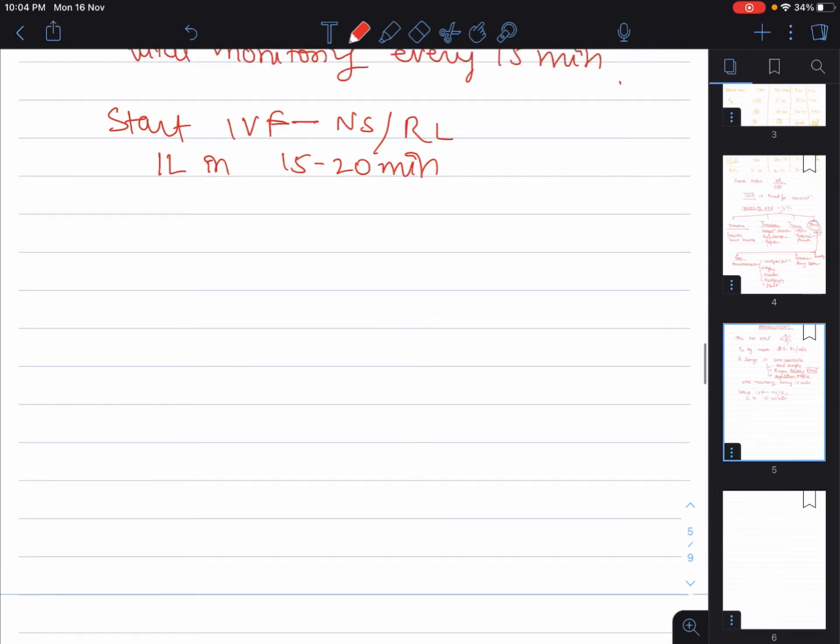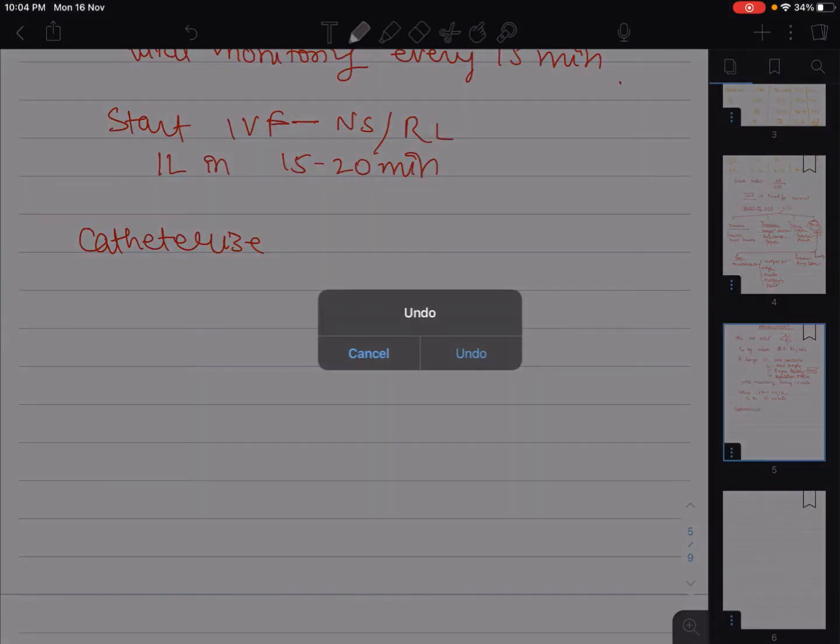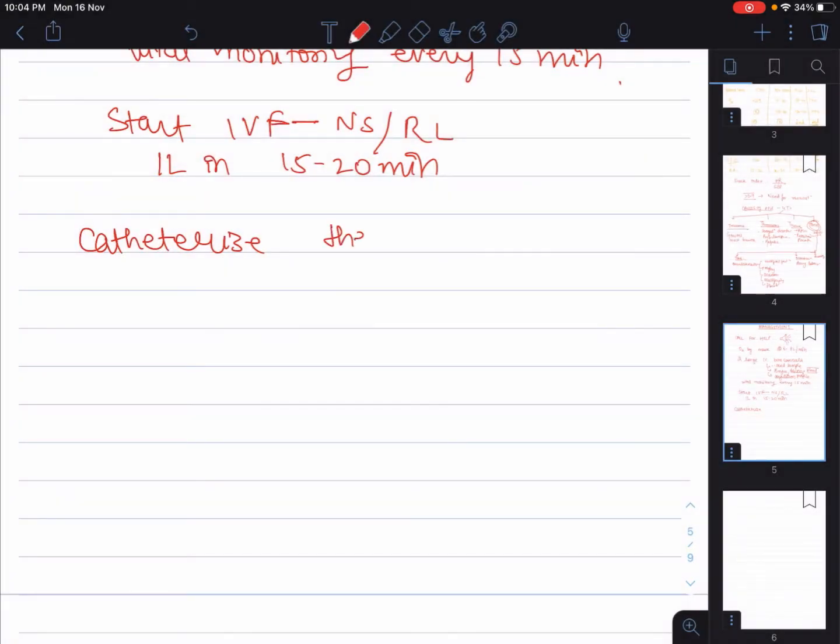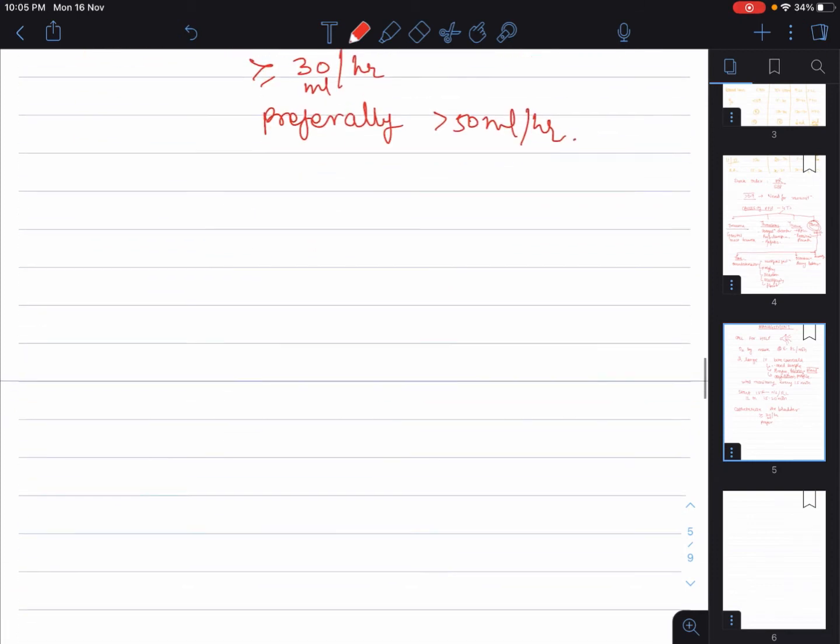So as of now, you're managing this patient, you've started the IV fluids, and the other thing that you will do is catheterize the bladder, right? This is important. Why? Because you need to know the urine output, and it should be at least 30 ml per hour, but preferably more than 50 ml per hour.